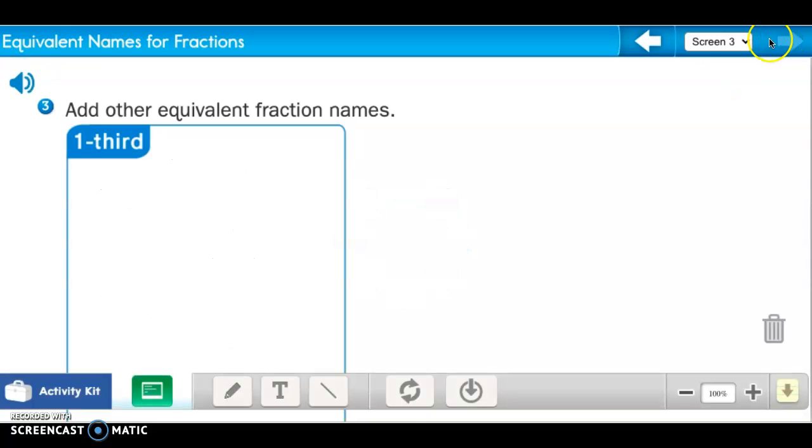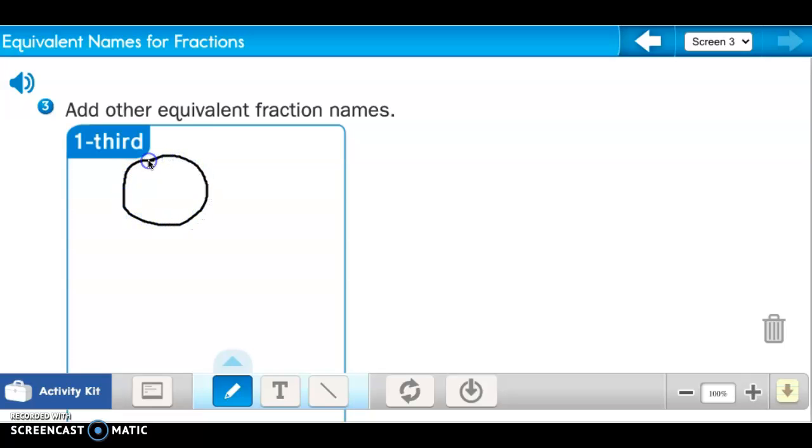That would be 1/3. So we're going to make, oh, again, I forgot to click on it. We're going to make a circle, our pizza, okay? And then we're going to cut it into 3. That's a little bit tricky, but we can do it like that.